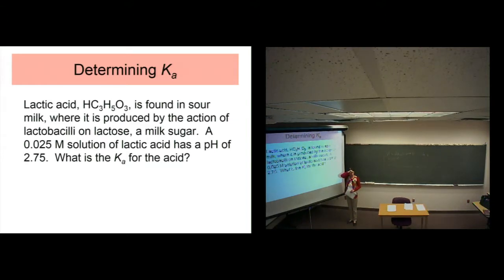And we want the hydrogen ion concentration in molarity, don't we? Because these are tables in molarity. We know that because the pH is 2.75. So can you guys all find the hydrogen ion concentration? We practiced that lots, didn't we? All right, so 2.75. Find the hydrogen ion concentration. I get 0.001778.